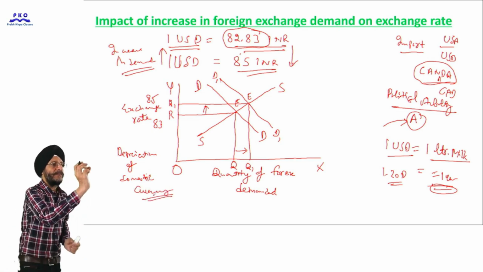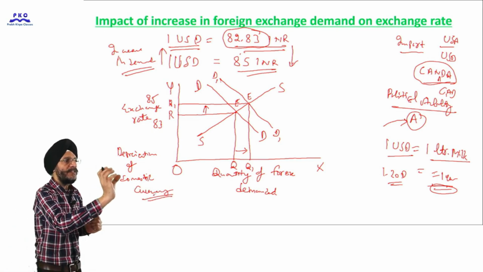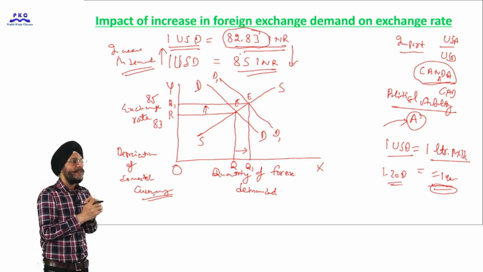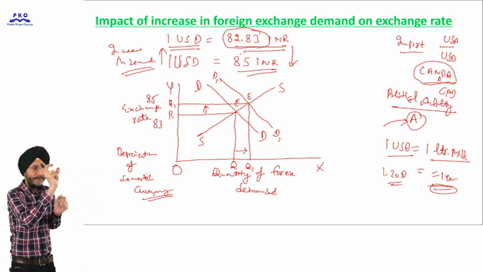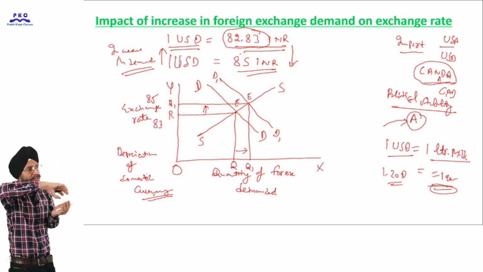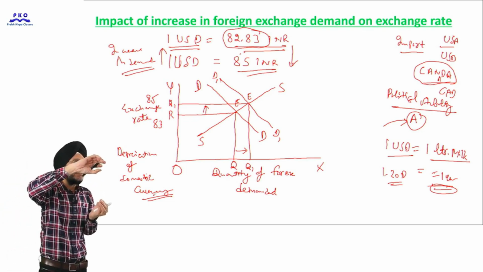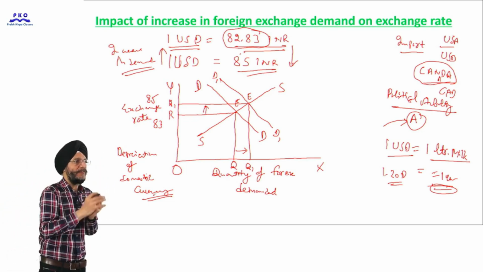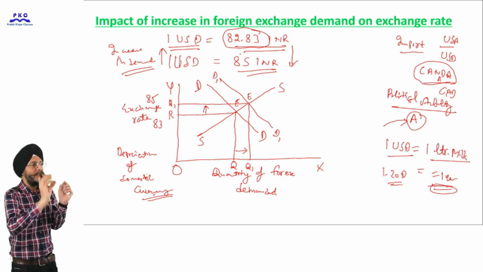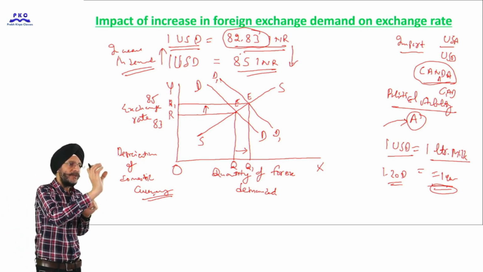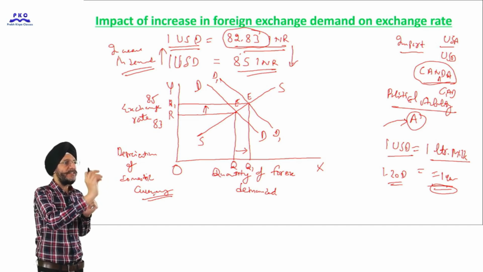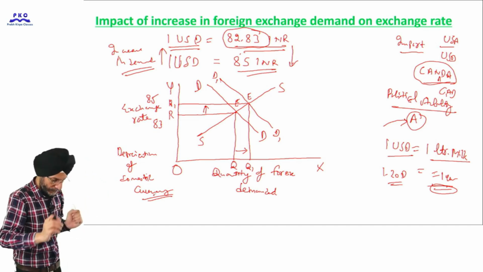Because to get 1 US dollar, we were earlier paying only 83 rupees. Now to get 1 US dollar, as the demand for the US dollar has increased, we have to pay 85 rupees. On the other hand, the value of foreign currency has increased. There is appreciation of foreign currency.